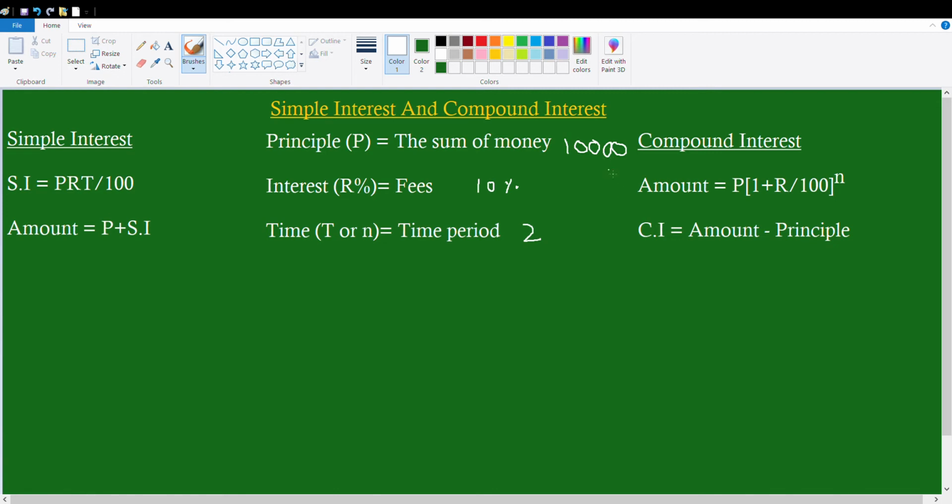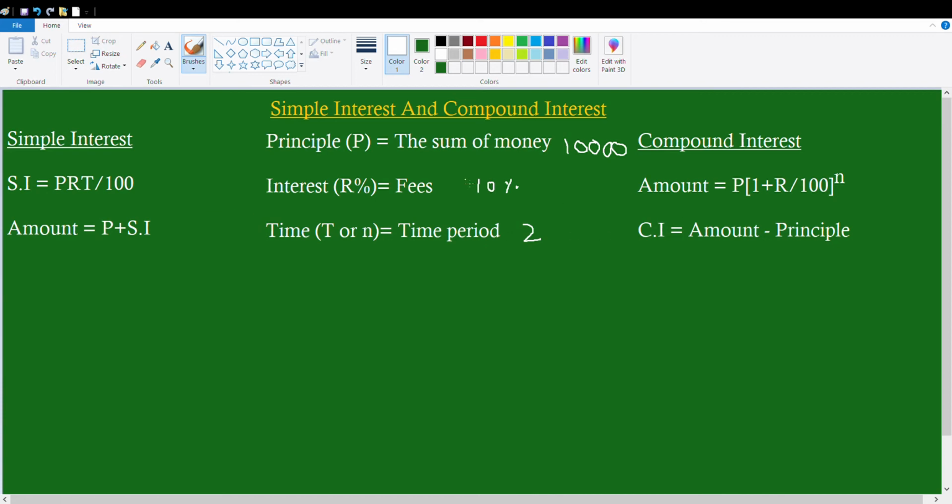So, you will use the previous year's amount to calculate the interest in compound interest. So, in simple interest, principal will remain the same, but in compound interest, principal will not be the same. Every year it will increase. So, obviously you will get more interest than the simple interest. So, simple interest will be lesser than the compound interest.